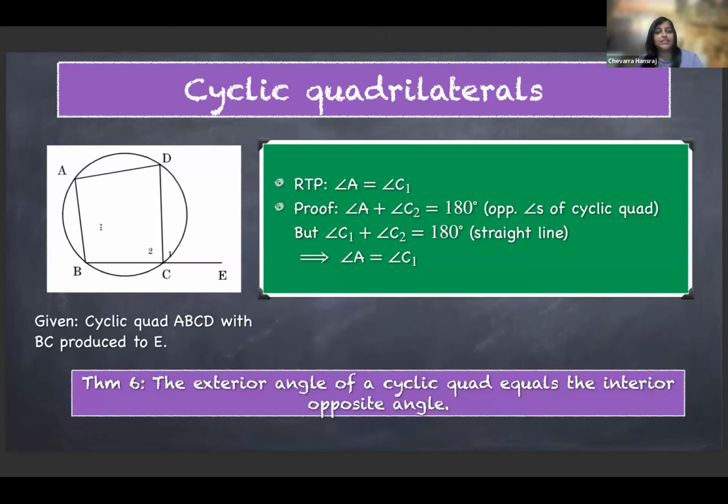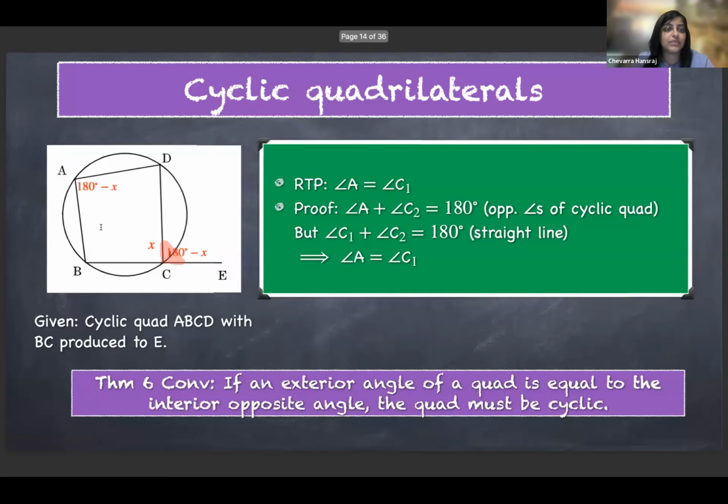Then we have that the exterior angle of a cyclic quad equals the interior opposite angle. So if you look at the quad, we've got A, B, C, D being the quad, and the exterior angle of that would then be C1 there, right? And then that is going to be equal to the interior opposite angle, so that would be equal to angle A at the top there.